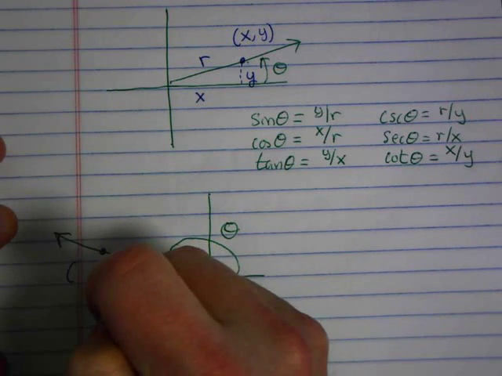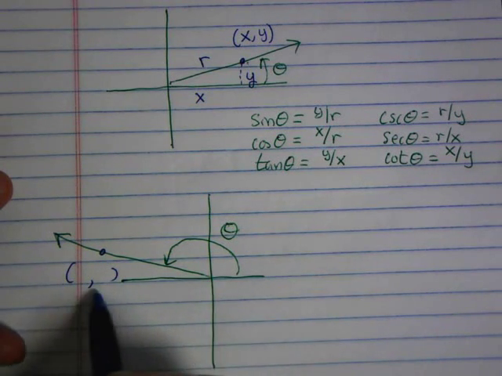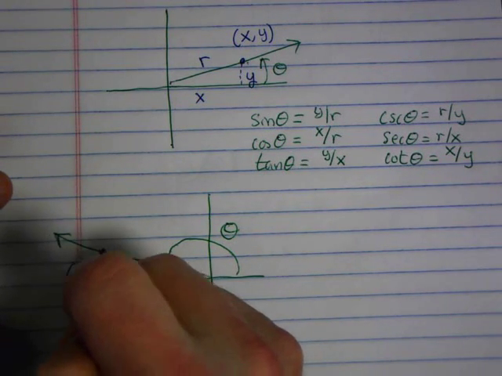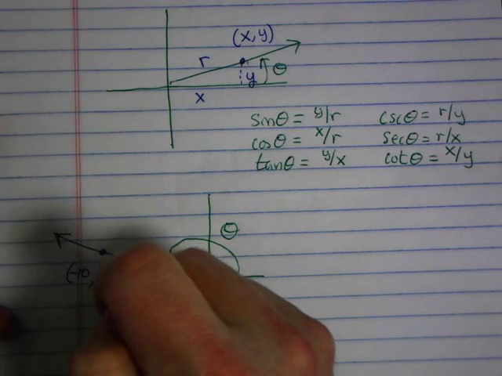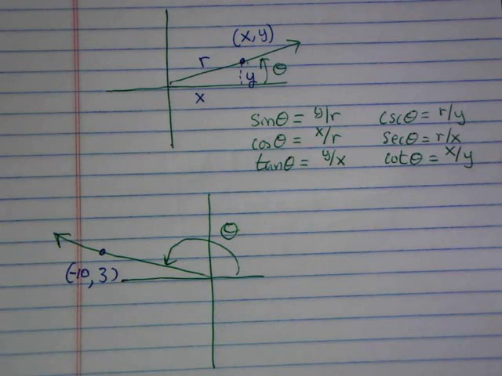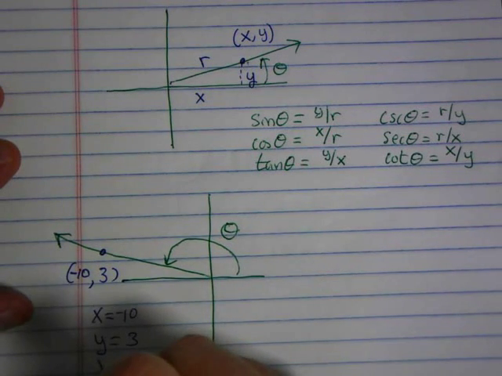Once again, somebody give me some reasonable numbers here. 10 and 12 are not reasonable numbers. Negative 10 for x might be a reasonable number. And then how about a reasonable number for the y? 3, I think, would be a reasonable number. All right, so in other words, we have x is negative 10, y is 3.